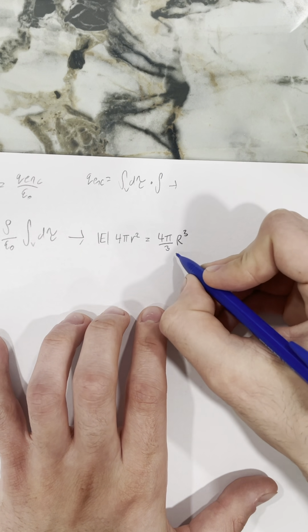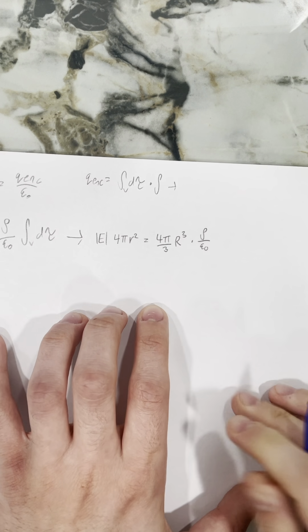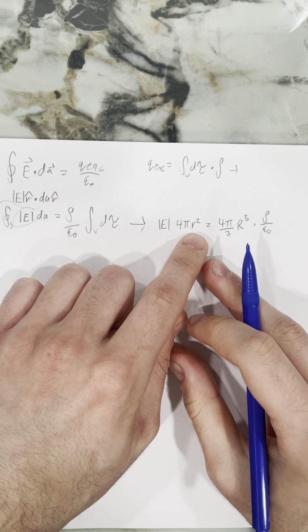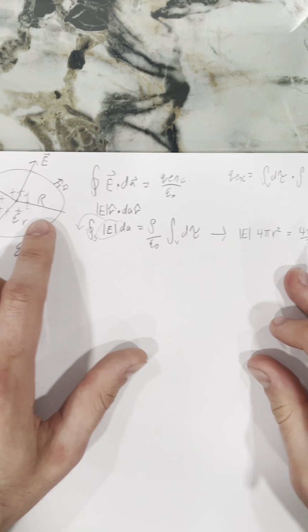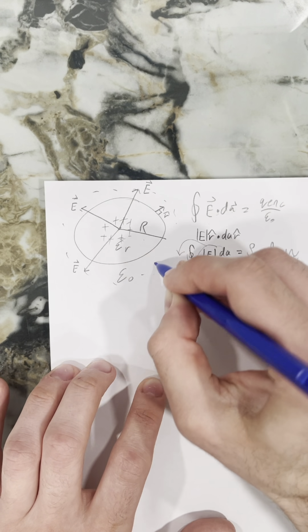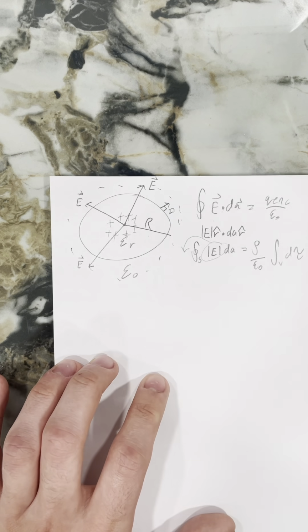Don't forget that we also have rho over epsilon naught. The reason I have little r here instead of big R is because our Gaussian surface is on the outside, and so our little r in this case is bigger than capital R.